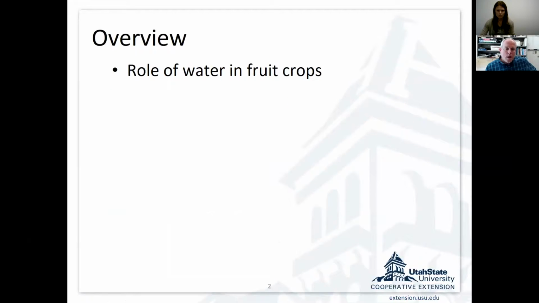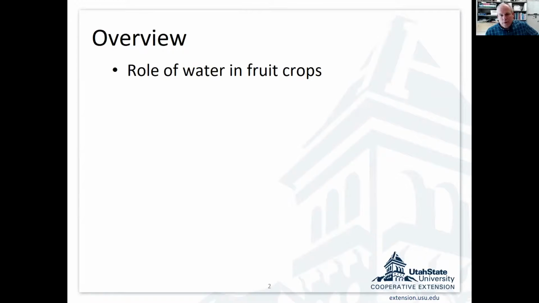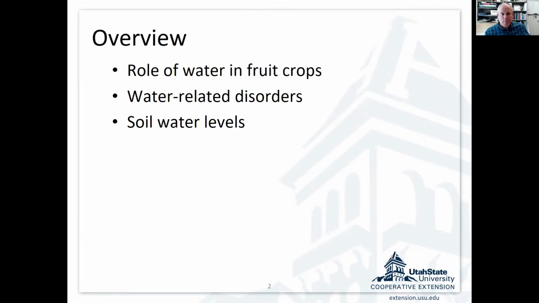So kind of an overview of what I want to talk about. The role of water in fruit crops and fruit trees as well as berries. A lot of this applies to berries as well. Some of the water-related disorders, either over or under irrigation disorders that we see in fruit crops that might be unique, that you can pay attention to and look for the symptoms.